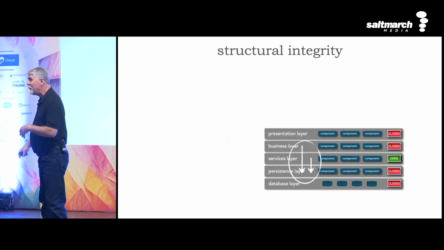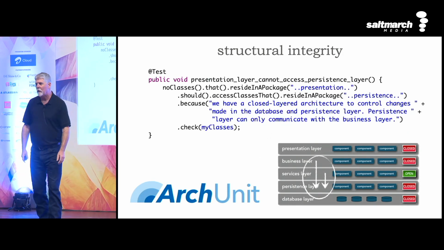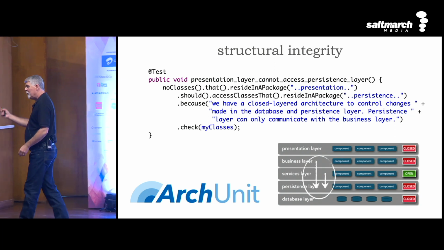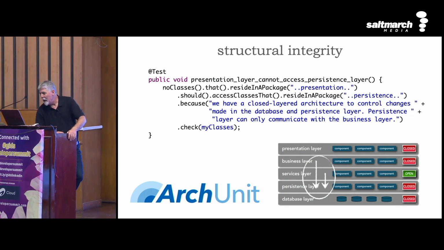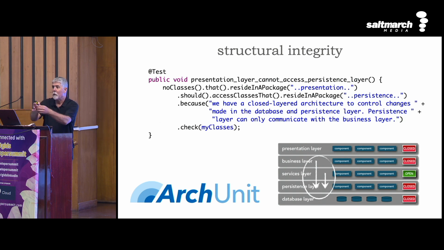All right, let's write a test for it, a structural test, an architecture test, a fitness function. And here it is. So watch this, and I'll read it here. No classes that reside in a package presentation should access classes that reside in a package persistence. Fail, because of course you're going to do it. And so what happens here? .because.